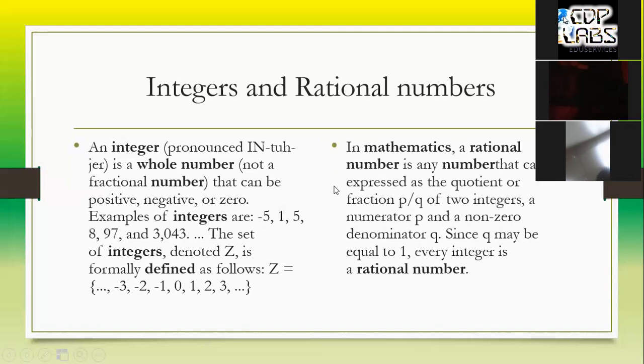Raquel, can you read that for me too? In mathematics, a rational number is any number that can be expressed as a quotient or fraction p/q of two integers, a numerator p and a non-zero denominator q. Since q may be equal to 1, every integer is a rational number.